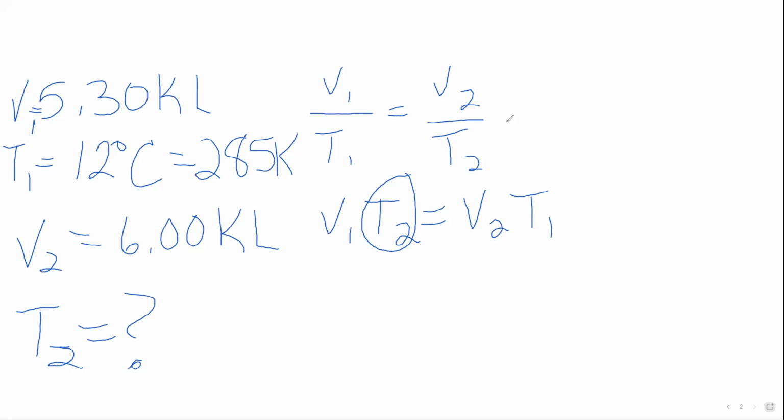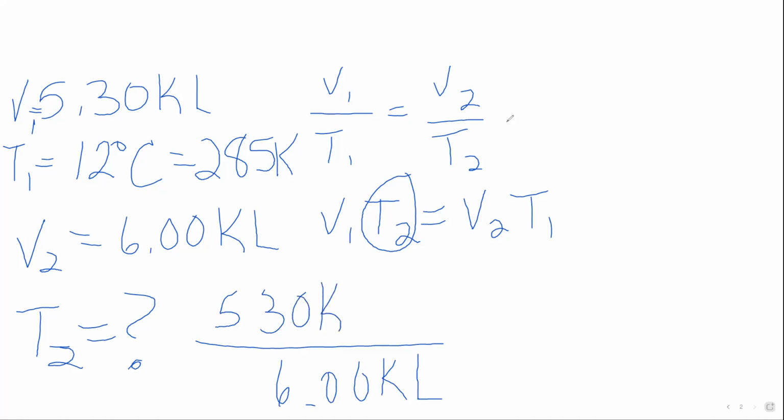Okay. So when you solve for T2, right, you're going to get V1 on the bottom, right? So V1 is 6 kiloliters, 6 point. This period doesn't want to appear here. In the top, it's just going to be the two that are up there. So 5.3 kiloliters, not 530, but 5.3 times your Kelvin, right?